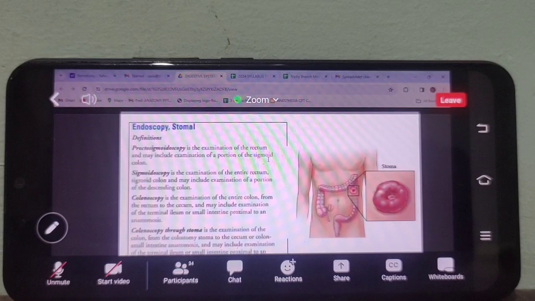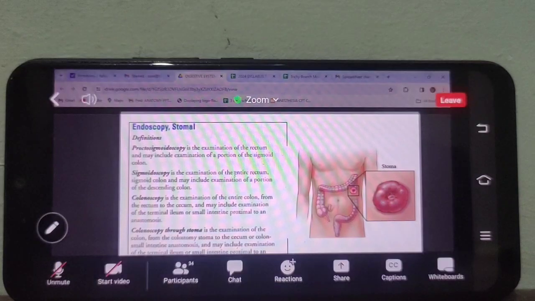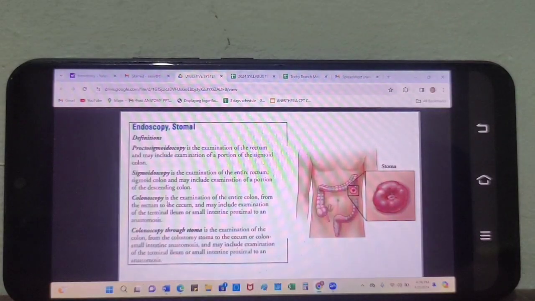Procto means rectum. Sigmoidoscopy means the entire rectum to the sigmoid colon. Colonoscopy means from the rectum to the cecum.